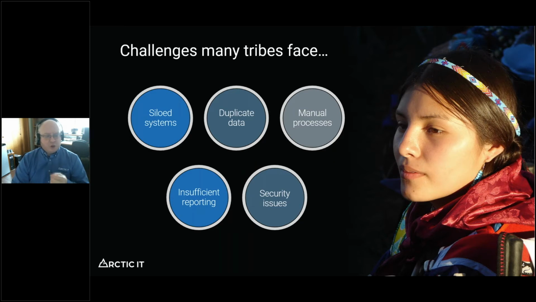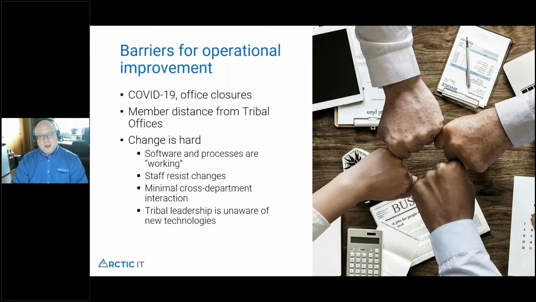So security is another big reason why some of these challenges, and they're looking at improving the accessibility for current technology. And on top of that, we've got some new operational issues, including COVID. COVID now causes office closures, and so if I'm a community member and I need to come in and receive services, it's now more difficult for them to know when the office is open.